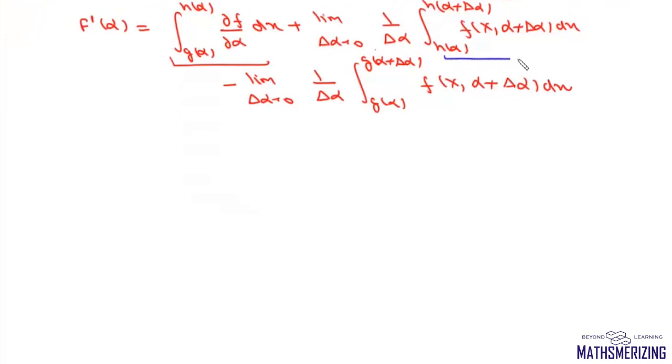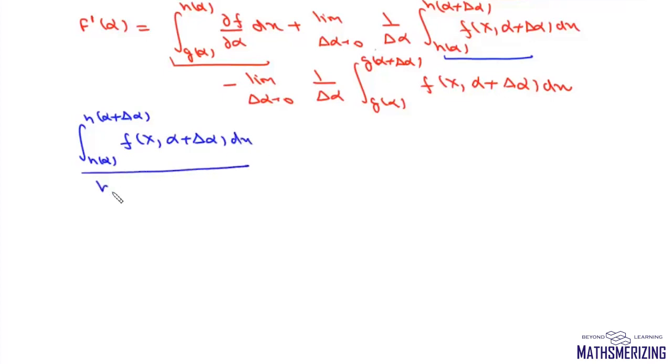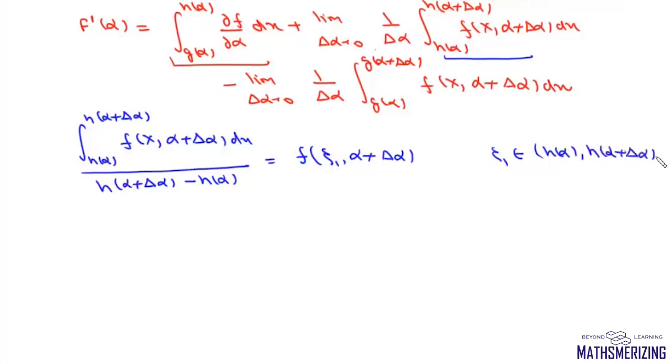So if we look at this integral, then we can write the mean value of this integral from h alpha to h alpha plus delta alpha of f(x, alpha plus delta alpha) dx upon b minus a, which in this case is h alpha plus delta alpha minus h alpha, and it'll be equal to f of some zeta 1, alpha plus delta alpha, where zeta 1 lies between h alpha and h alpha plus delta alpha.